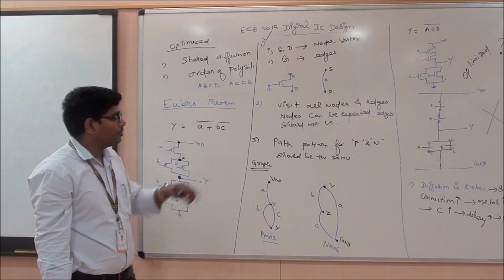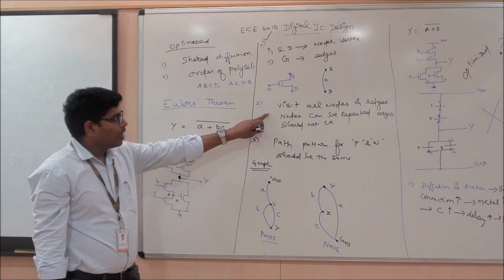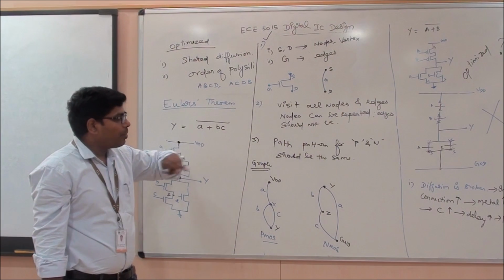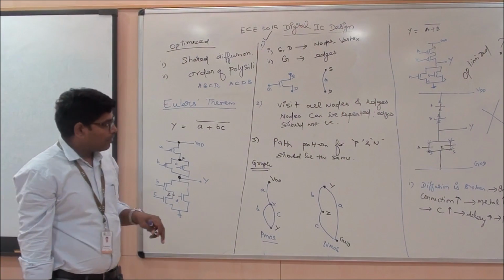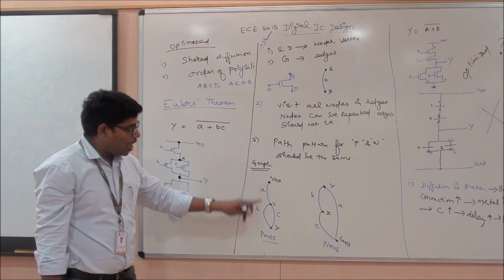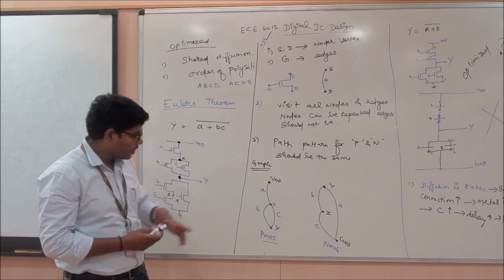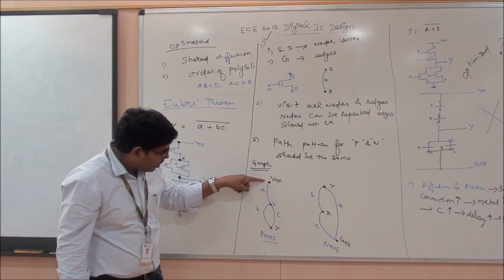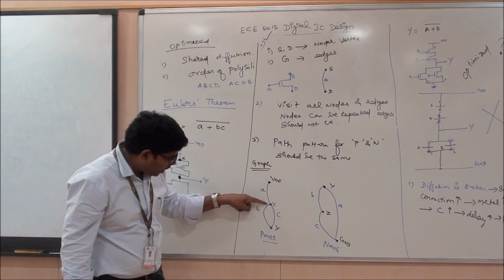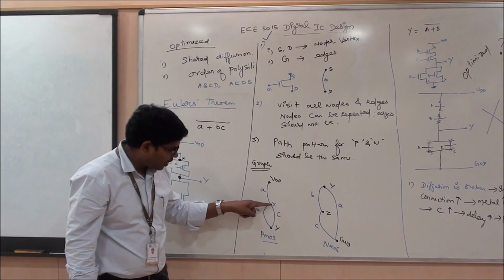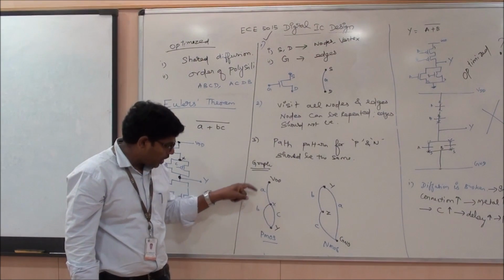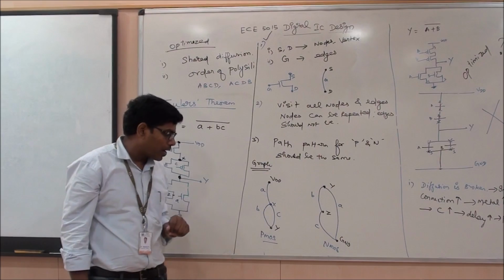Second thing, I am supposed to see which pattern will go through all nodes and edges. Now let me try one thing. Let's start from here. This is my first node. Starting from here, going through A, B, and coming to C. So the order is A, B, C. This is one order.